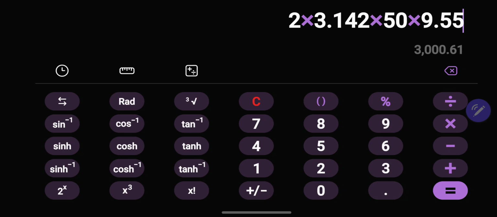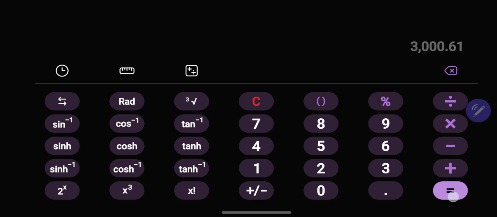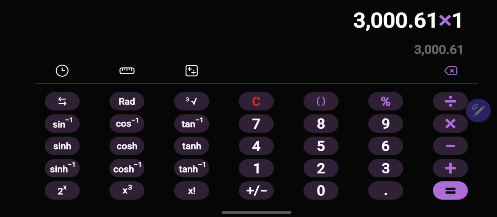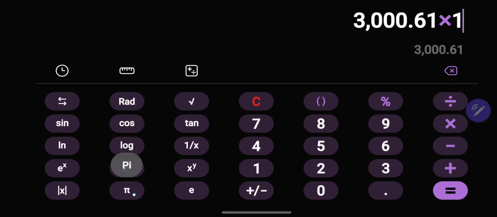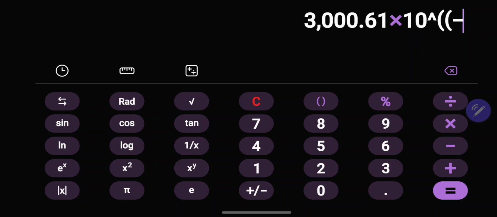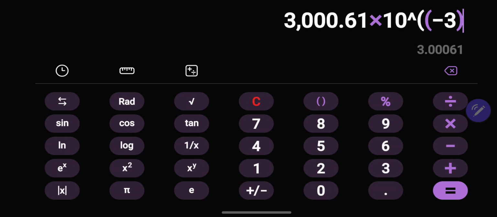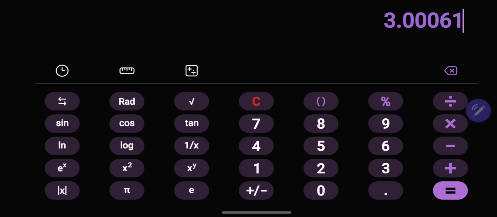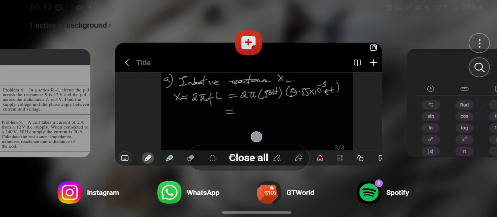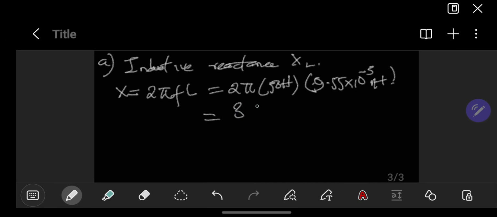We'll keep our power of minus 3 aside, so we'll say times 10 raised to the power minus 3. All right, that will give us 3.00061 ohms. Let's just ignore the 0 and say 3 ohms, so this is the first one.